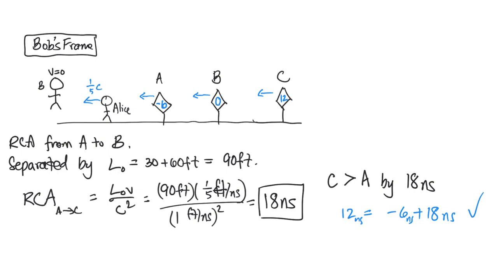So this is a snapshot diagram in Bob's frame, representing a single instant of time in Bob's frame, and yet at that one instant, these three clocks all have different numbers on them, even though in Alice's frame all three clocks read 0. So that's one of the bizarre consequences of relativity, that clock readings are not necessarily simultaneous. They don't all read 0 at the same time in Bob's frame, even though they do all read 0 at the same time in Alice's frame.